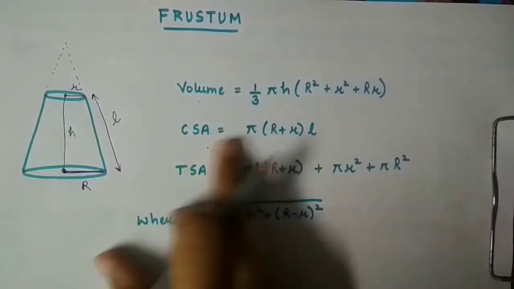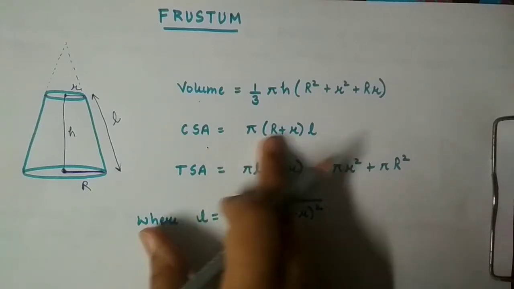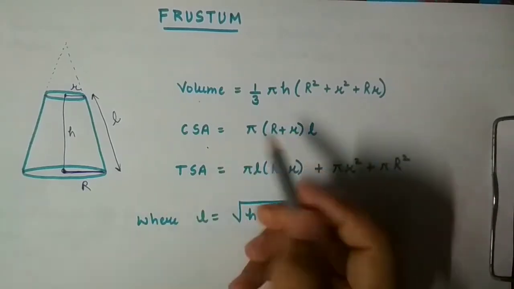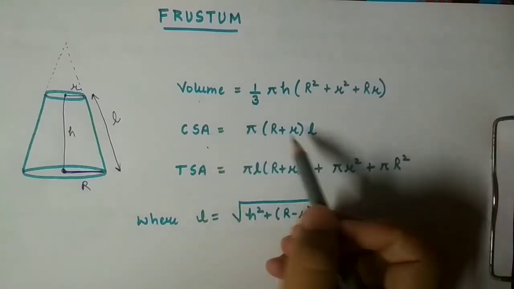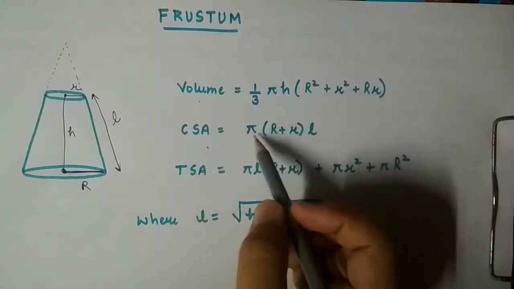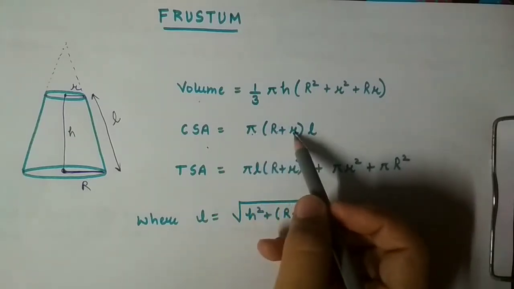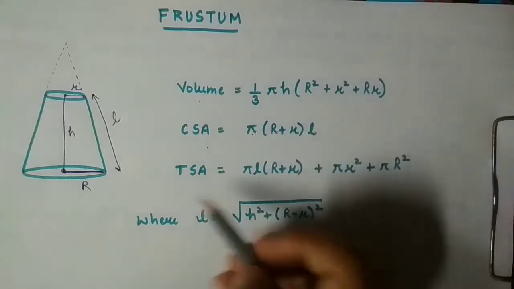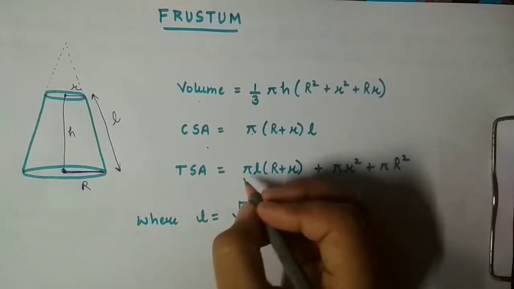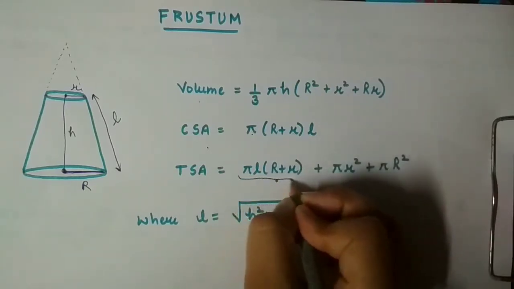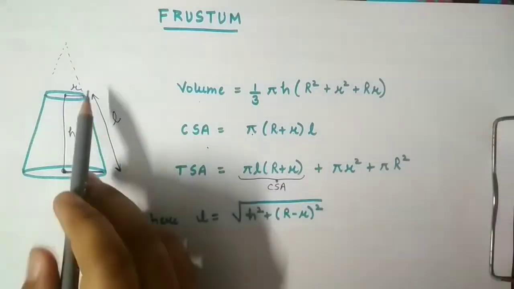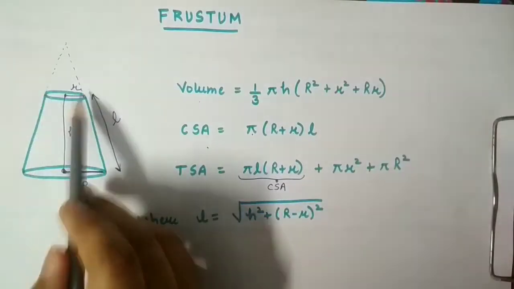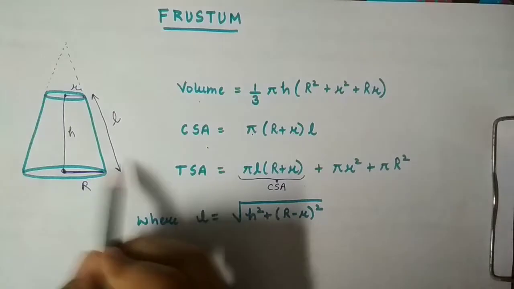So CSA is pi (R plus r) l. What is the CSA of cone? CSA of cone is pi r l. So from there only we have derived this formula, pi (R plus r) into l. And TSA is this CSA, pi l into (R plus r), plus the area of the upper circular end and area of the lower circular end.